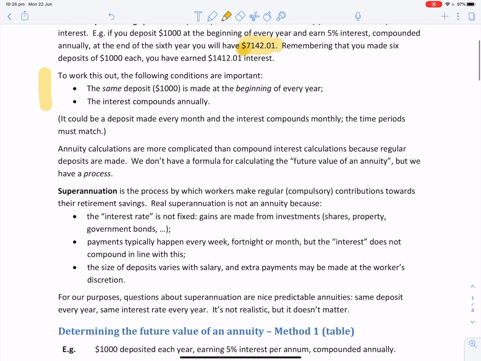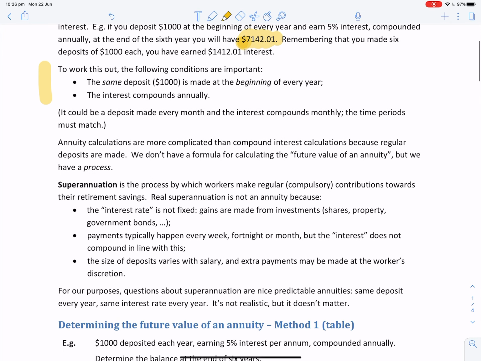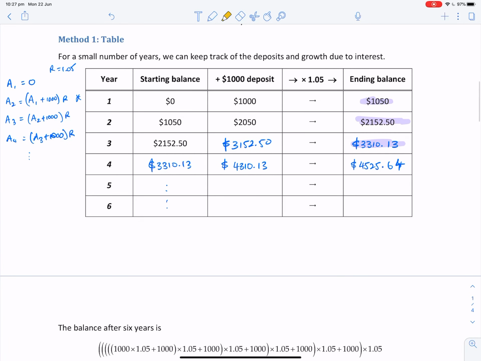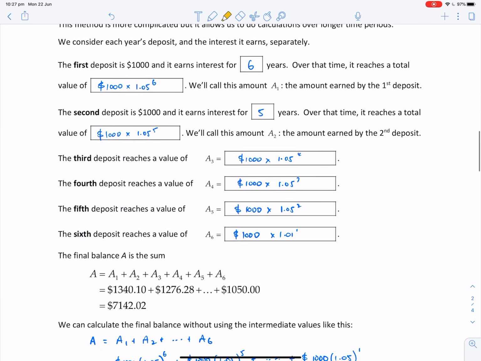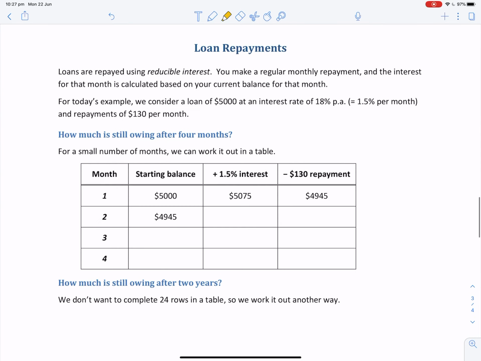There are some times, and maybe even common times, where questions say ridiculous things like deposits paid at the end of each period, and so the first one doesn't earn any interest. The important thing is, whatever the conditions are, you can set it out in a table, if that helps, and you can set it out in this sort of algebraic approach.